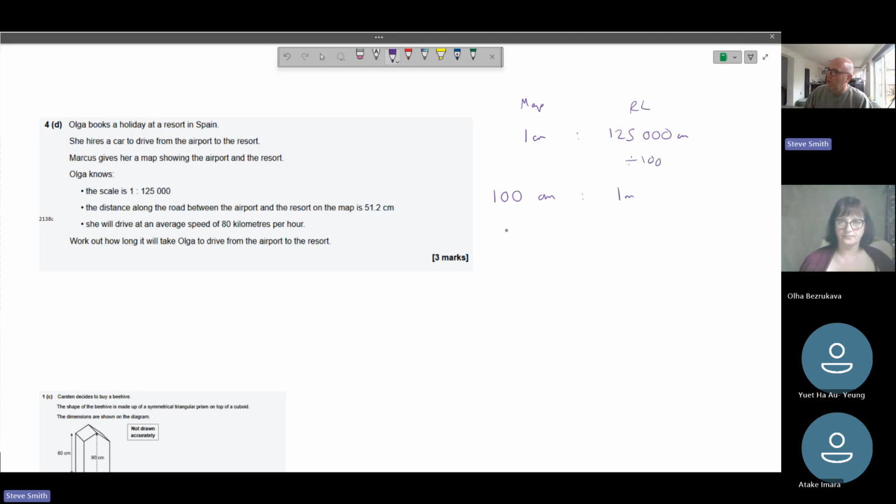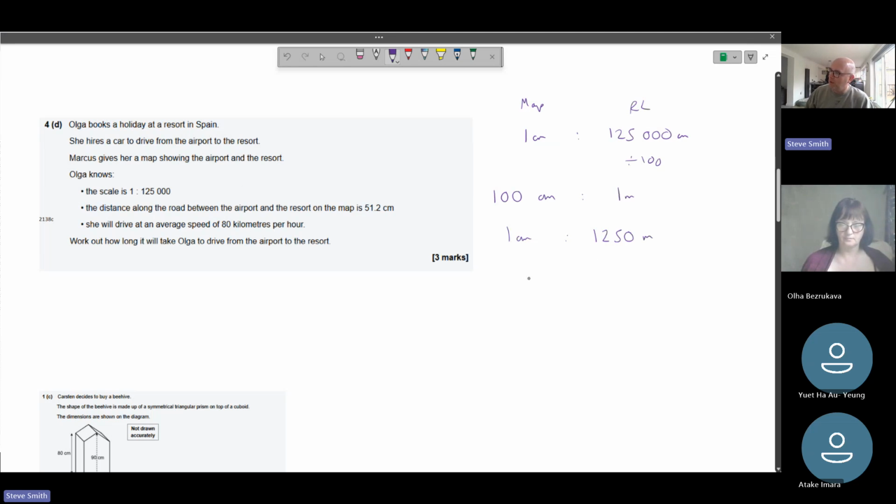So now we're saying 1 centimeter on the map is the same as 1,250 meters. I think we can go smaller again, because look, it's in kilometers per hour here.